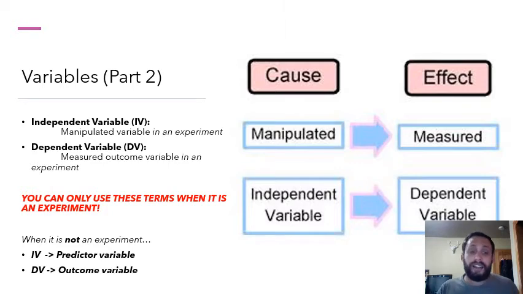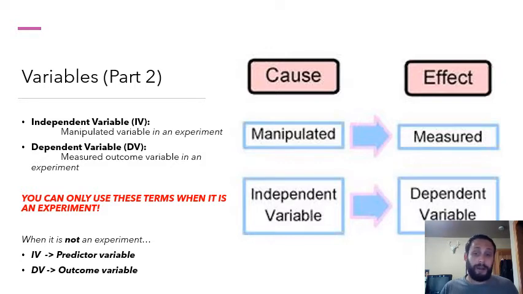Now, when it's not an experiment, we have different variables. Because we're not talking about cause and effect anymore, we have to use different variable names. So when it's not an experiment, your independent variable is called a predictor variable, and it's not necessarily manipulated, but is rather observed as well. And your dependent variable is known as your outcome variable.